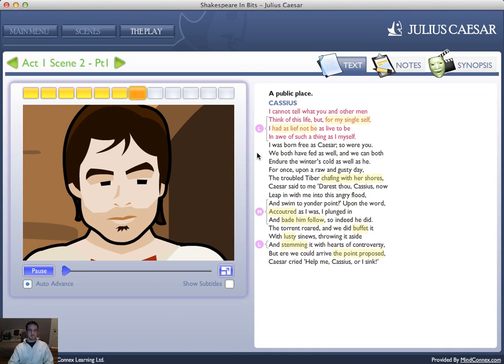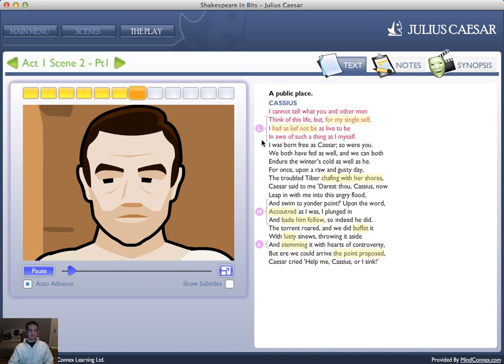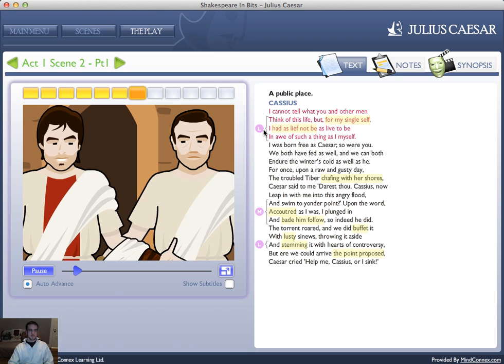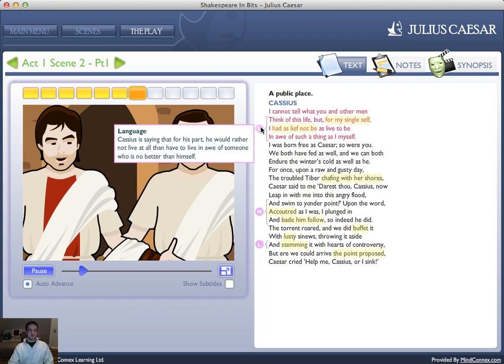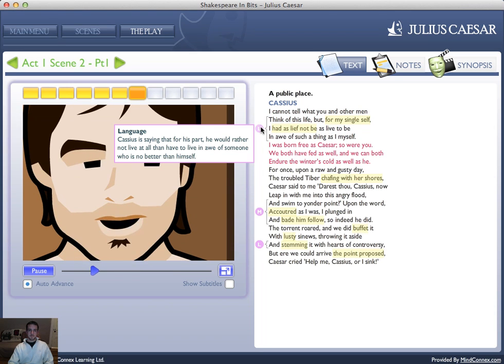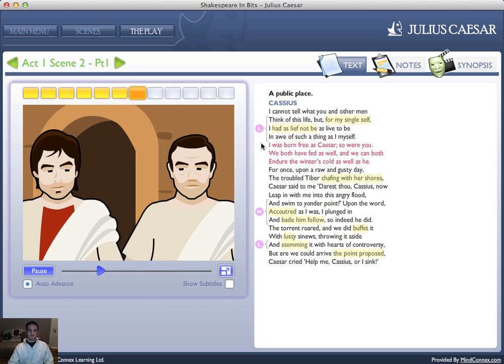I cannot tell what you and other men think of this life, but for my single self I had as lief not be, as live to be in awe of such a thing as I myself. I was born free as Caesar, so were you. We both have fed as well, and we can both endure the winter's cold as well as he.